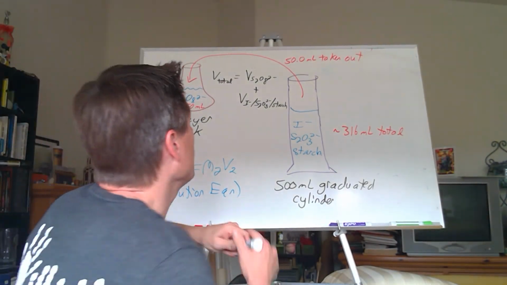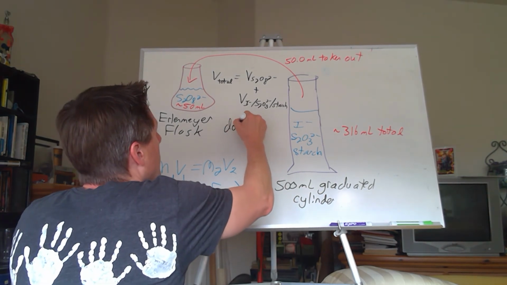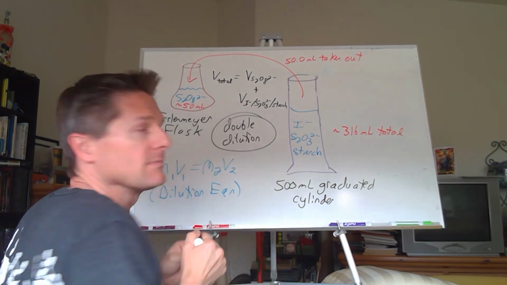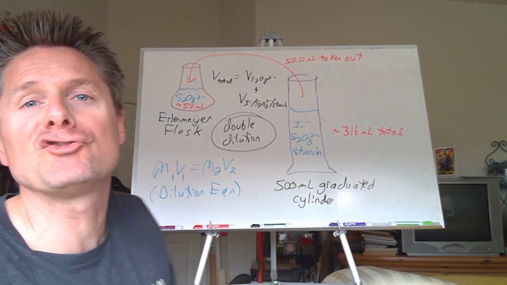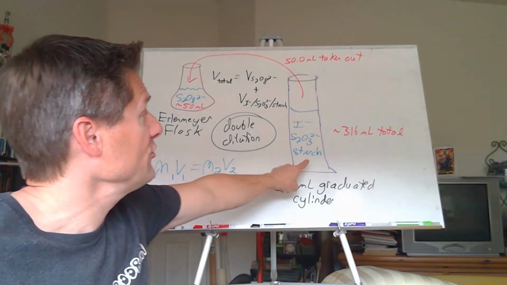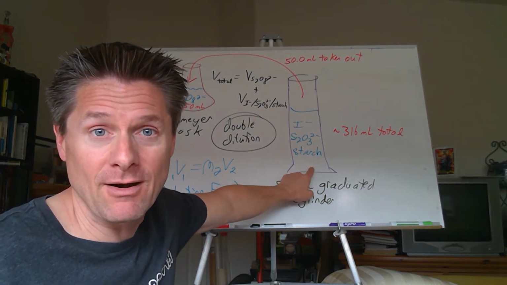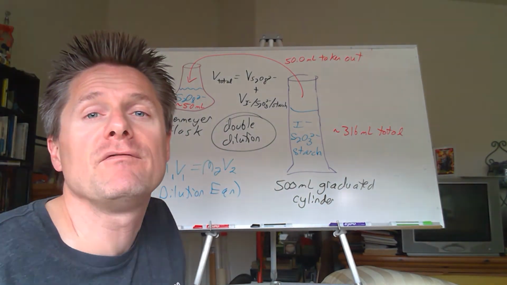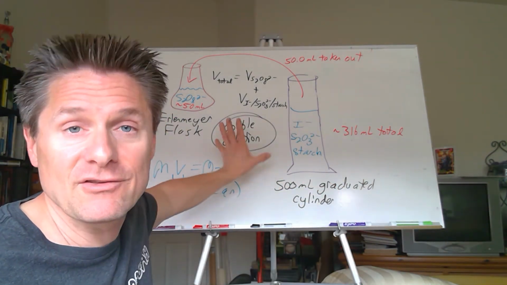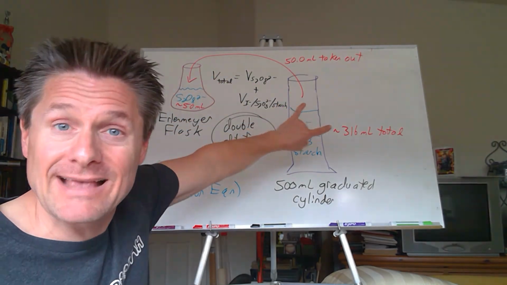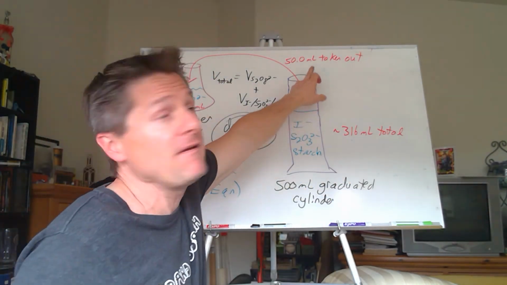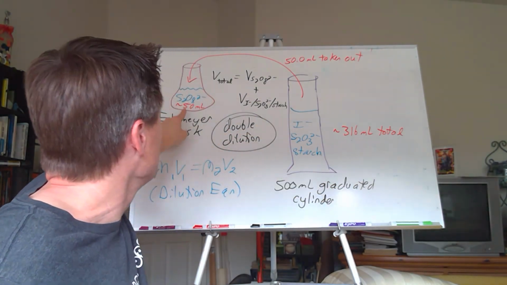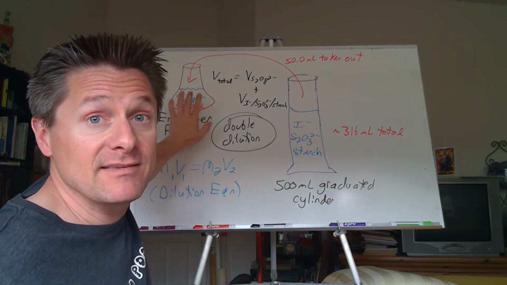But we're going to be doing what's called a double dilution. We're taking our original solutions and diluting them twice. The first dilution is making this solution here and this solution here. So you're going to use M1V1 equals M2V2 to calculate those starting concentrations. Then the mixing process dilutes them again, because we're going to take 50.0 milliliters of a starting concentration for each of these species and mix it with around 50 milliliters of that species.